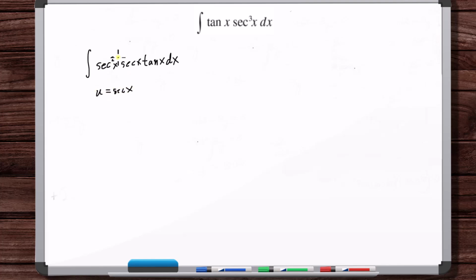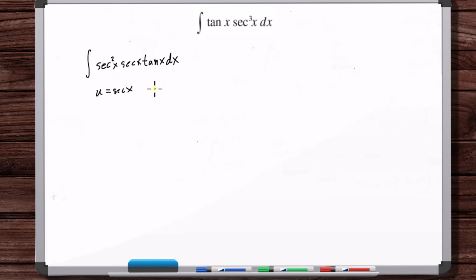But if we still had a tangent x, like, the power on the tangent x needs to be odd, right? What if this was tangent cubed x? Well, then we'd be left with a tangent squared x. And since we're making this substitution, we need to turn all of this that's separated from secant x tangent x into a full function of secant. But we don't need to do that here because we've already got a full function of secant.